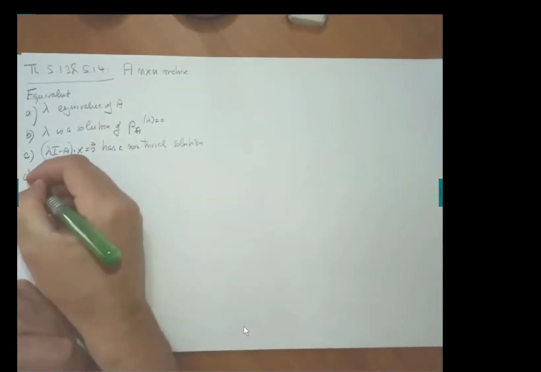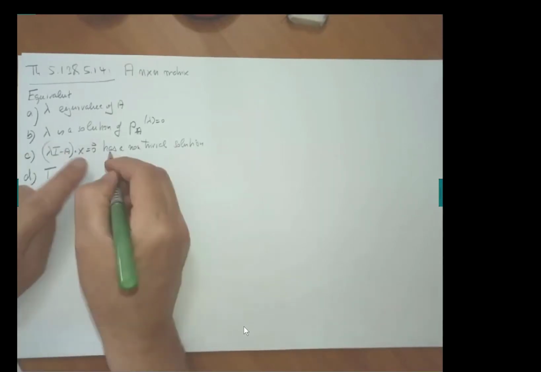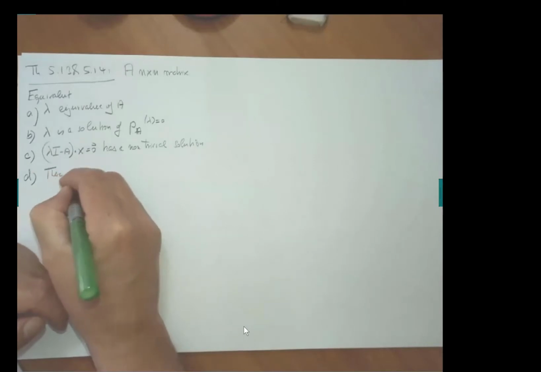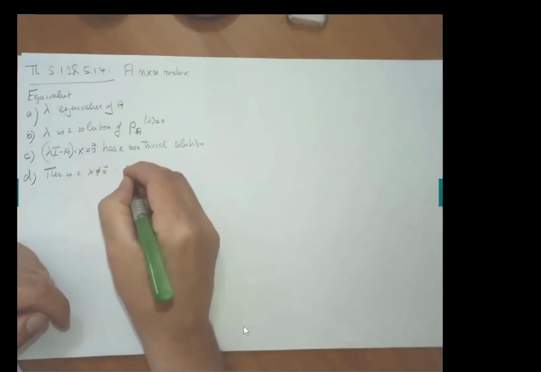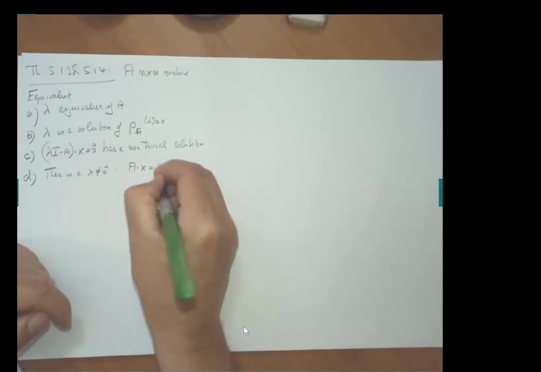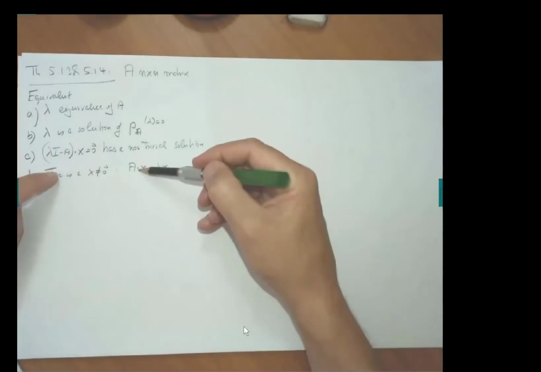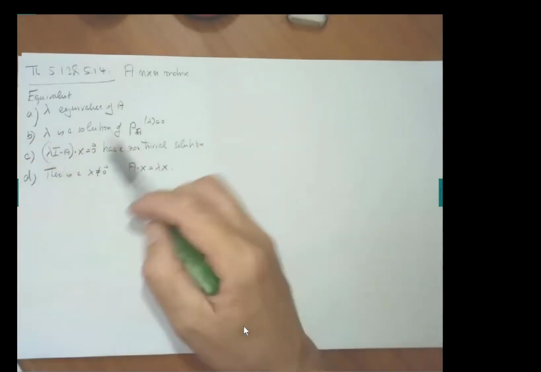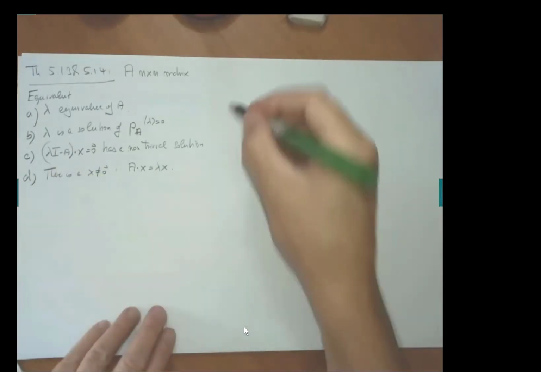And part D, that's a reformulation of this. When we bring it back over, there is an x not equal to 0 such that A times x is lambda x. This was actually the definition, and these came in theorem 5.11. And it doesn't matter which one, it's always the same statement, just in different ways.